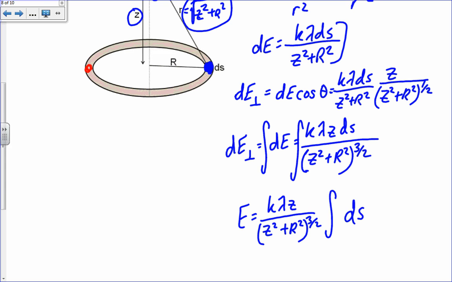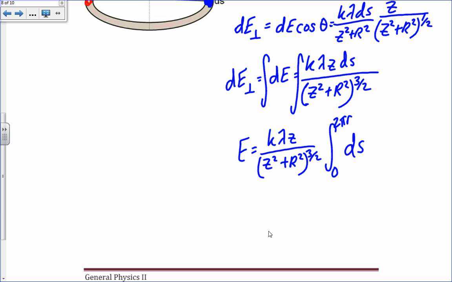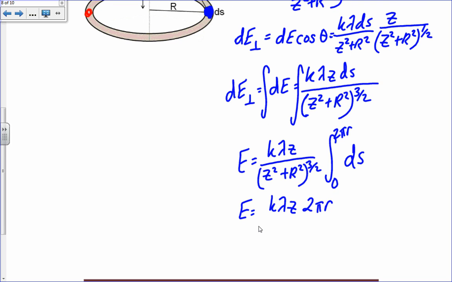And now we want to determine our limits of integration. ds is an arc on that circle, and we want to integrate over the total circle. So it's going to go from 0 to 2 pi R. So my electric field is going to be k lambda z 2 pi R. Excuse me, this should be a big R because it's the radius of my circle, divided by z squared plus R squared to the 3 halves.